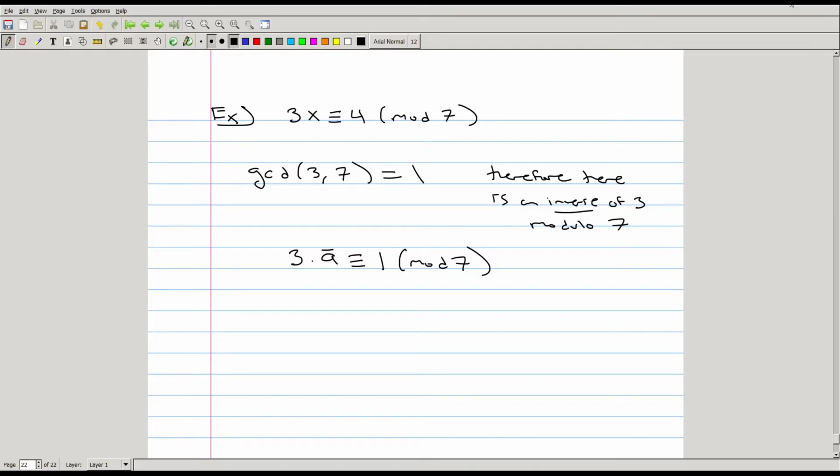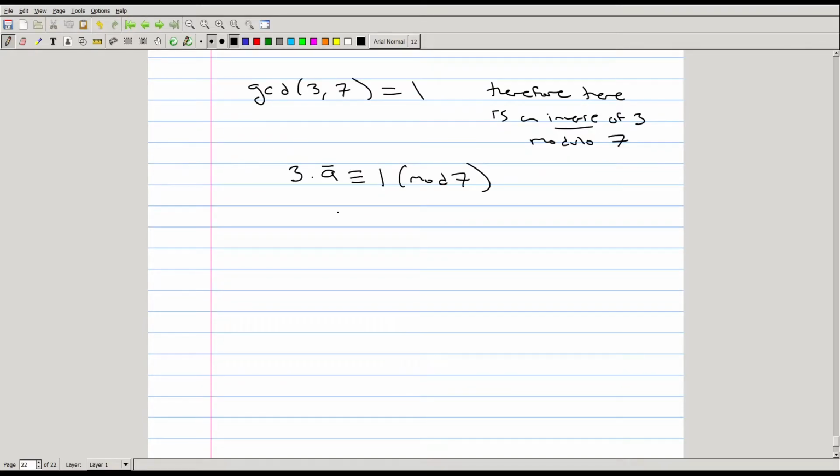To figure out what this inverse, a bar, is, it's relatively straightforward. We do a quick Euclidean algorithm.